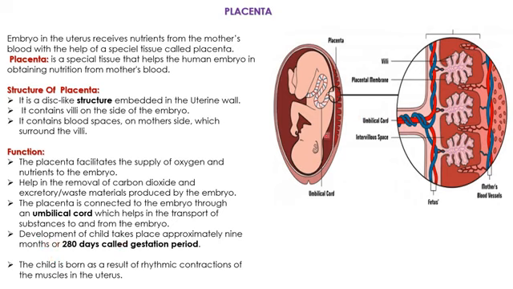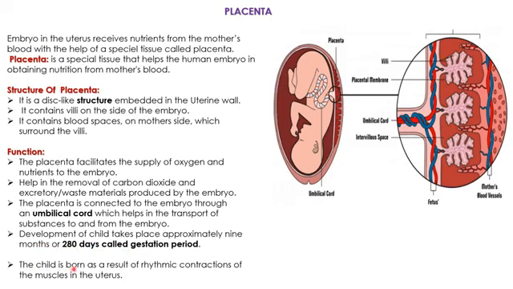Now the development. The total development of the child is completed in 280 days, or you can say 9 months and 9 days. This period is known as the gestation period.